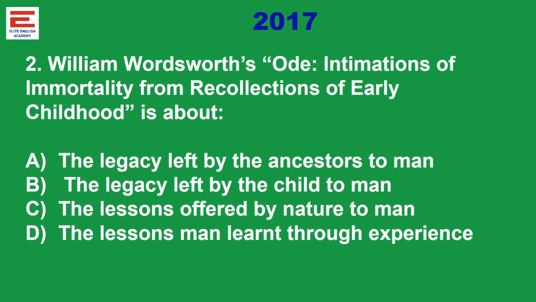So he praises nature, he tries to preserve nature in poetry. Because this question is asked based on the theme, if you approach this question based on that, definitely you would know the answer. That is, the lessons offered by nature to man.